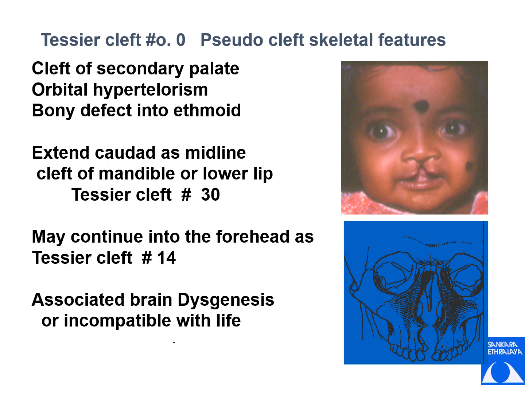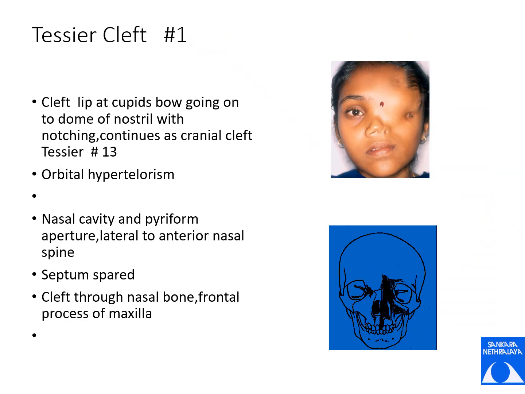Skeletal features: cleft of secondary palate, orbital hypertelorism, bony defect into the ethmoid. It may extend as a midline cleft of the mandible or lower lip, Tessier cleft number 30, and may continue into the forehead as Tessier cleft 14. Associated brain dysgenesis may be incompatible with life.